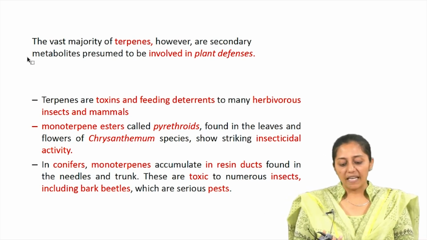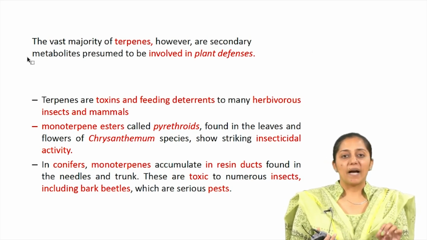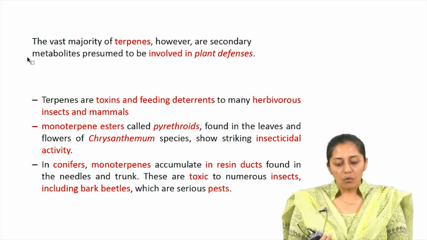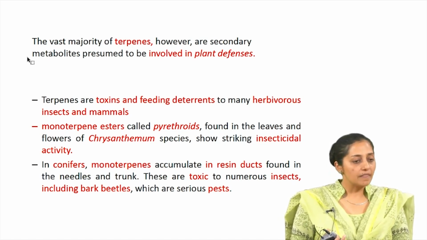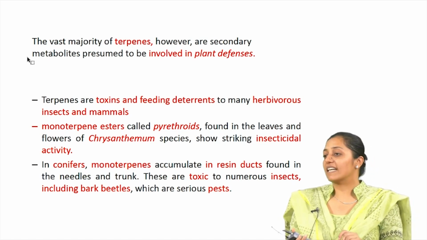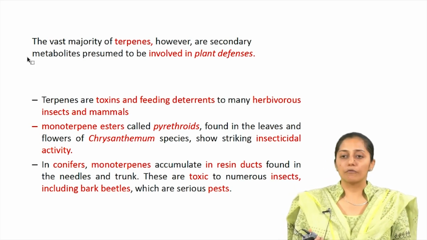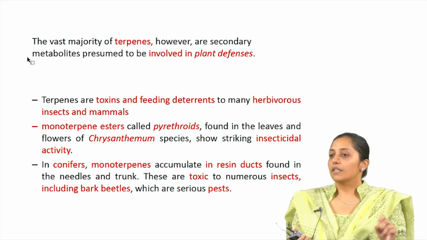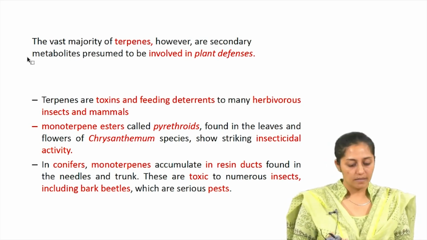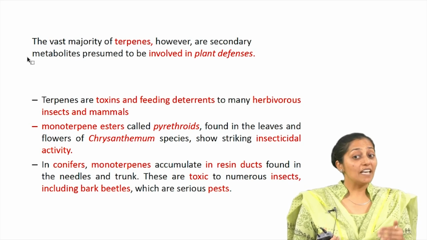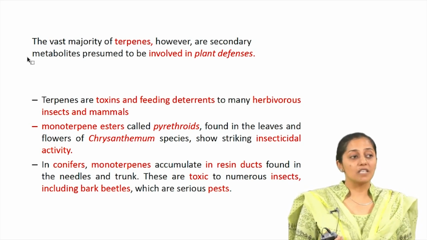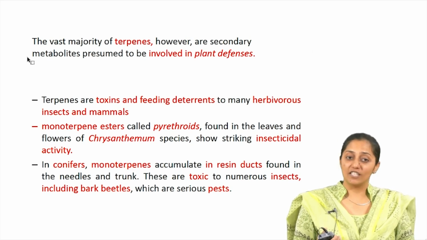Now monoterpene esters are also called pyrethroids. This is also a class of biopesticides found in the leaves and flowers of chrysanthemum species, which shows insecticidal behavior. So apart from azadirachtin or azadirachtin related limonoids, it is also used as biopesticides. Now you can see and make out that the commercial application is very closely associated to its application in nature.